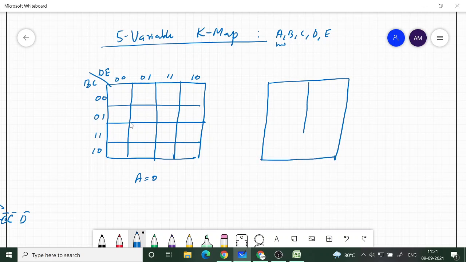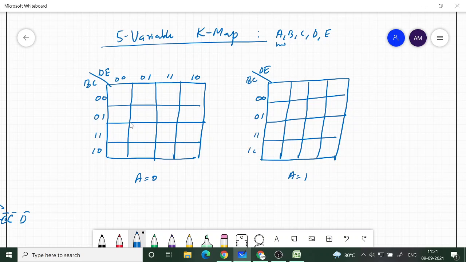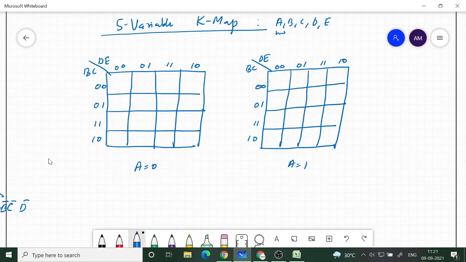Ideally it should be 3-dimensional, but that is difficult to draw. So you have to imagine. So this is for A equal to 1. Again B, C, D, E. Now, since I couldn't find a question with 5 variables, I am going to put ones, and then I am going to teach you.